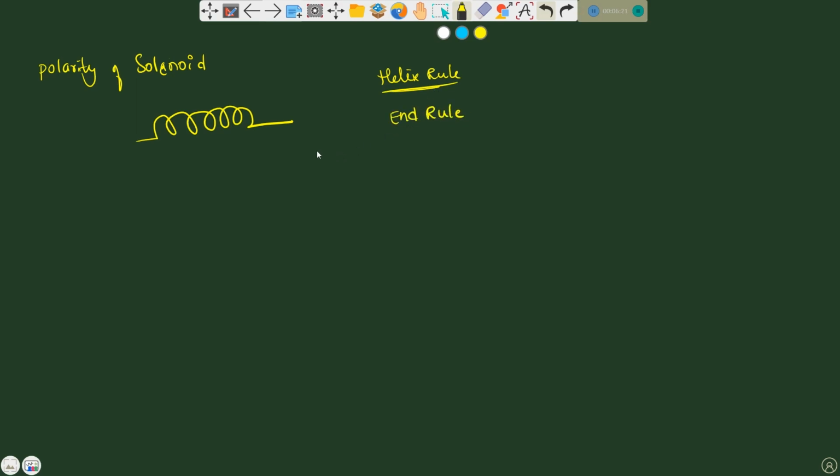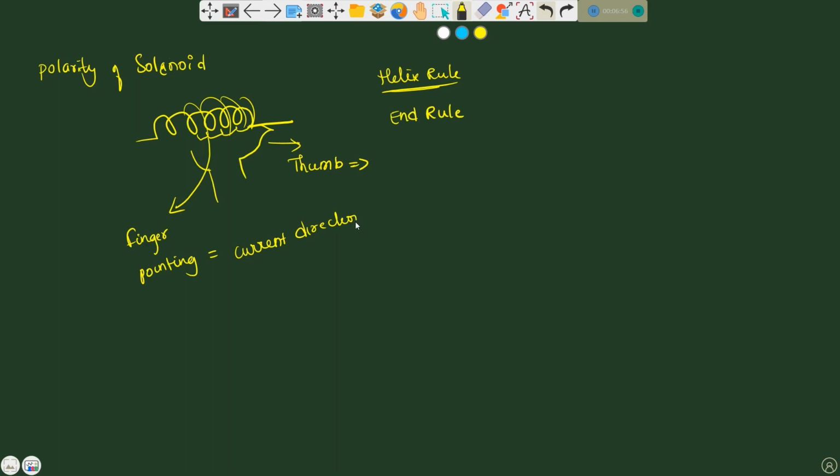According to this rule, the solenoid is gripped in the right hand, the same way. The fingers point in the direction of current, whereas the thumb shows the direction of the north pole.